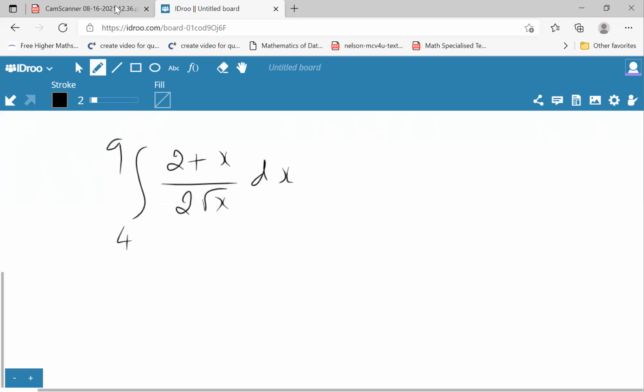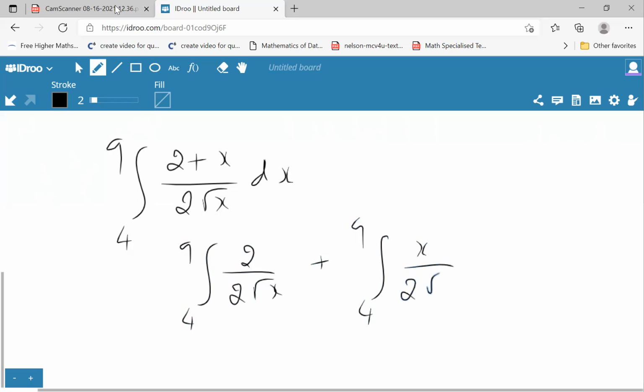Now this can be written as, we'll separate it and write it as integration of 4 to 9, 2 by 2 root x, plus integration of 4 to 9, x by 2 root x dx. Here 2 and 2 will get cancelled. This is now going to be x to the power of 1. Let us take this half outside up to the numerator. So that will give you 1 minus half, which is equal to half.